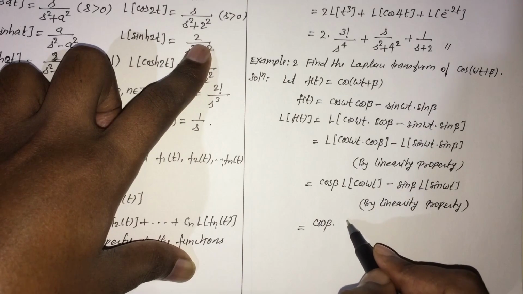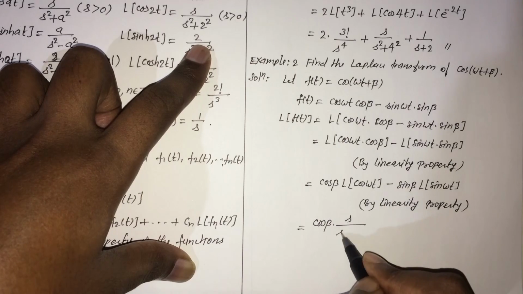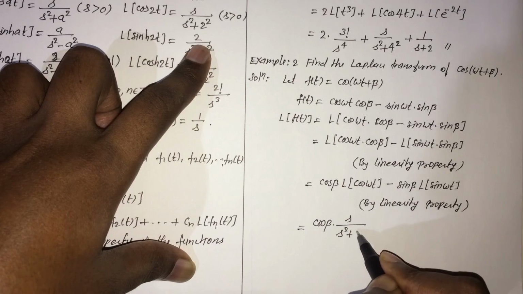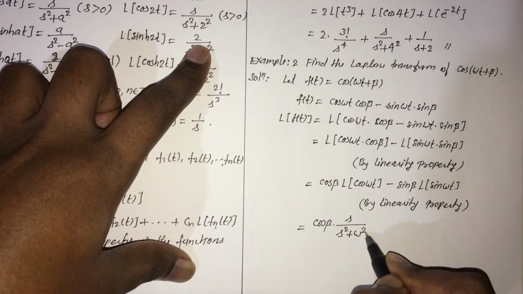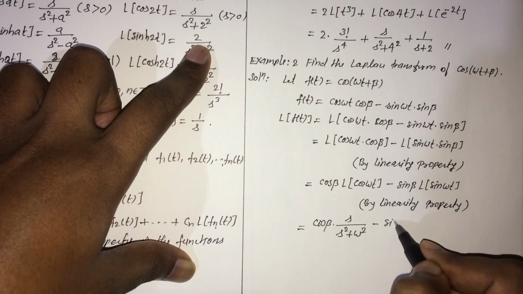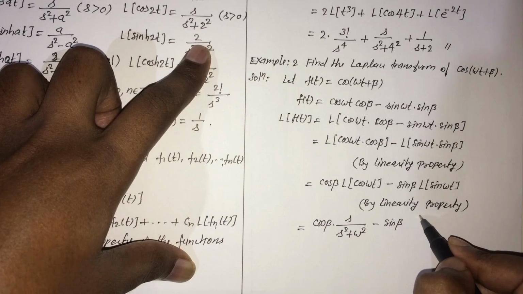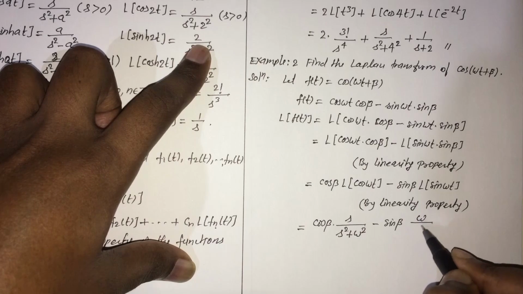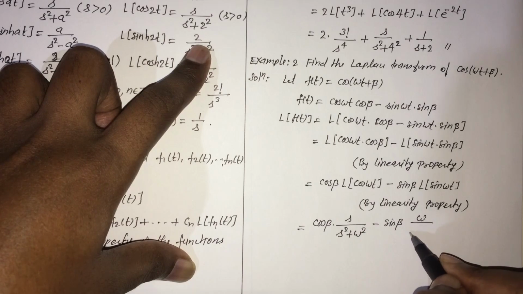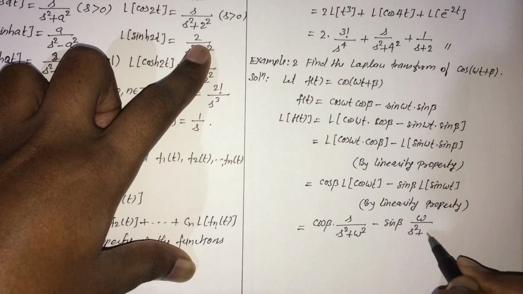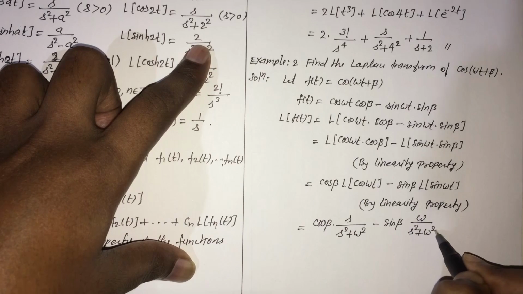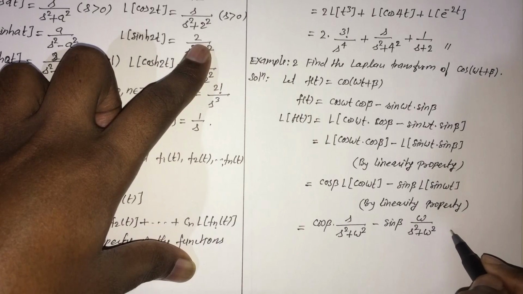That is s upon s square plus a square, that is omega square, minus sin beta. And what is the Laplace transform of sin at? That is a upon s square plus a square, here a is the omega, so omega upon s square plus omega square. So this is the required Laplace transform of the given function cos of omega t plus beta.